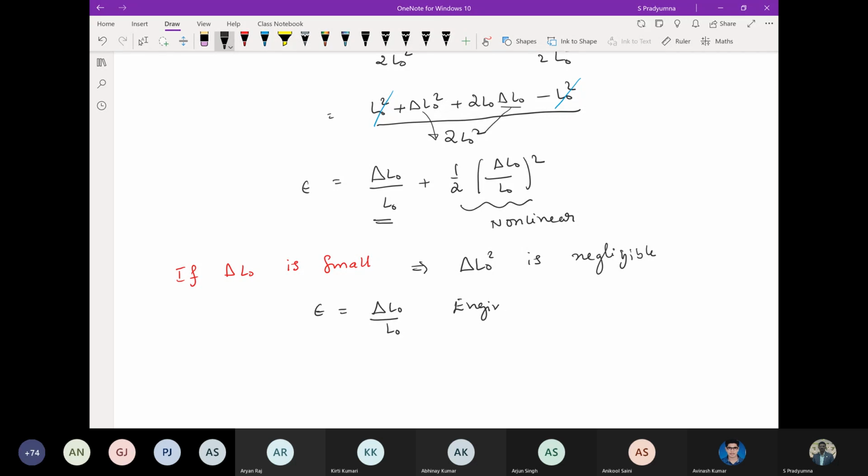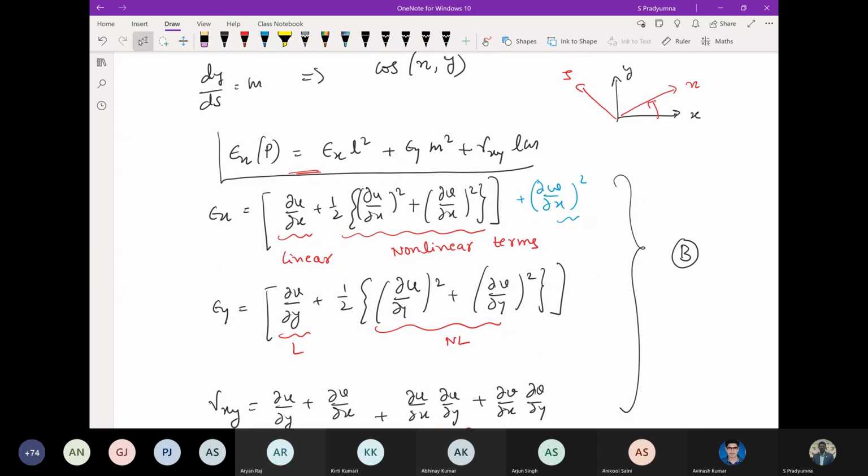From the nonlinear strain, the Green strain, if you ignore the small displacements, if you consider that the displacements are small, that means the problem is linear, right? So then we can ignore, even in this case also, if you assume that u and v are small, then del u by del x square and del v by del x square, these are the nonlinear terms which are negligible.